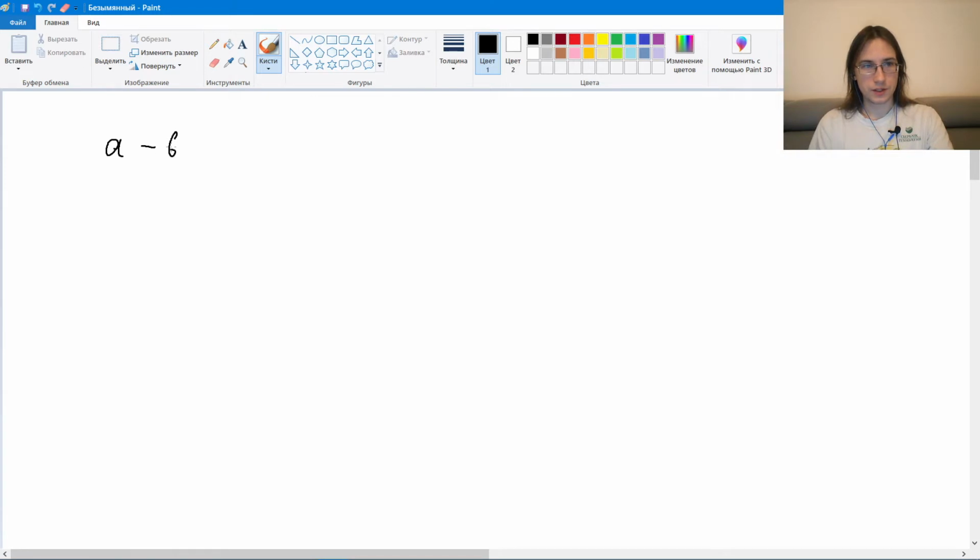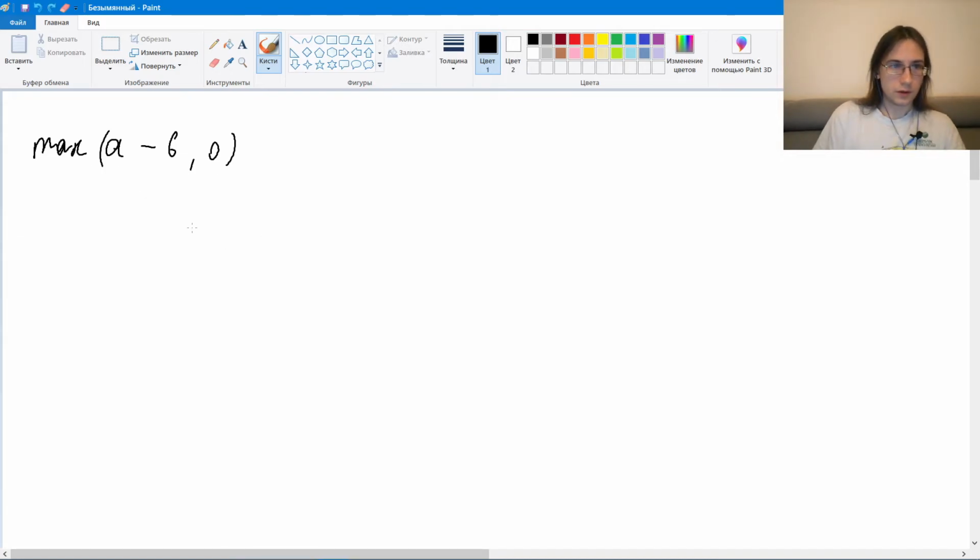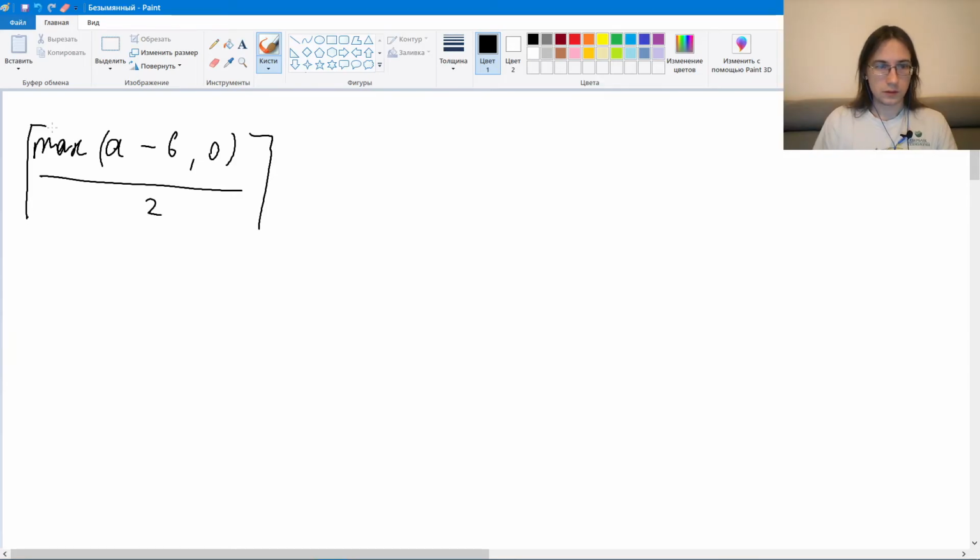You can first subtract b, take maximum of this and 0, then divide by 2 and round up. Or you can first divide by 2 and round up, and then subtract b and take maximum of this and 0.